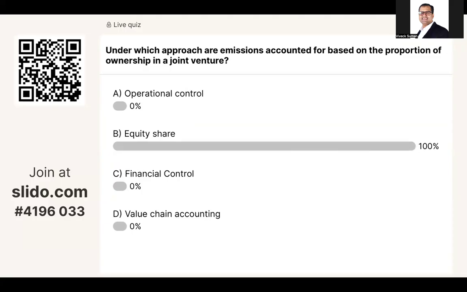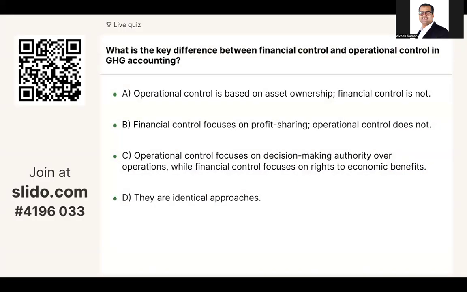So each of you got the correct answer. Let's go next. What is the key difference between financial control and operational control in GHG accounting? 5, 4, 3, 2, 1.